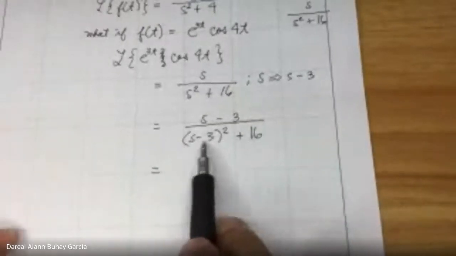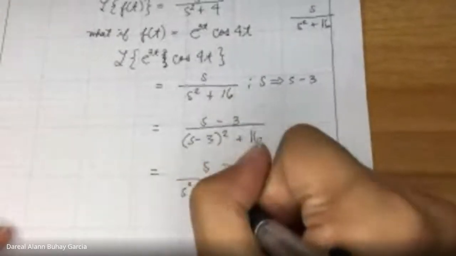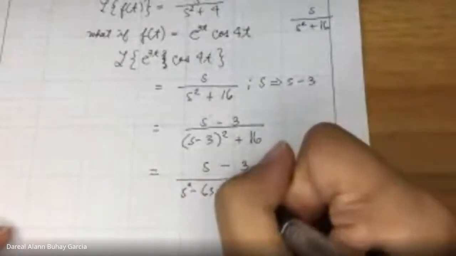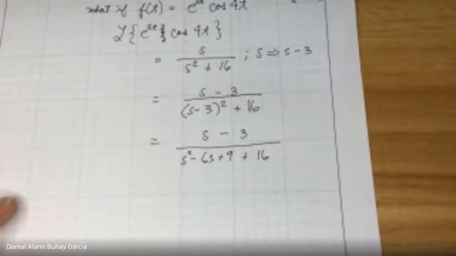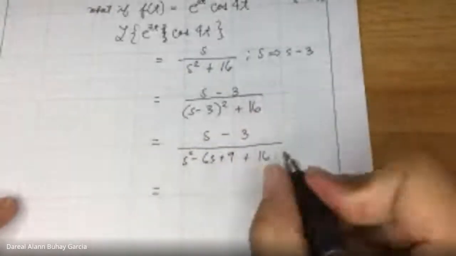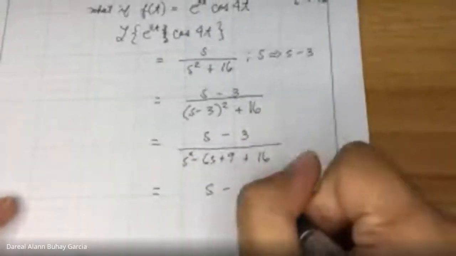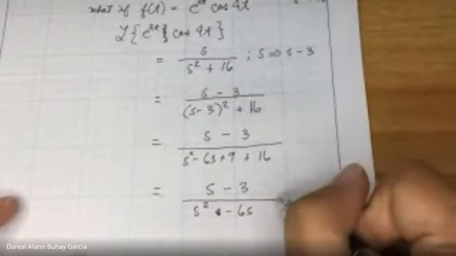If we expand, s minus 3 squared becomes s squared minus 6s plus 9, plus 16. This becomes s minus 3 over s squared minus 6s plus 25.